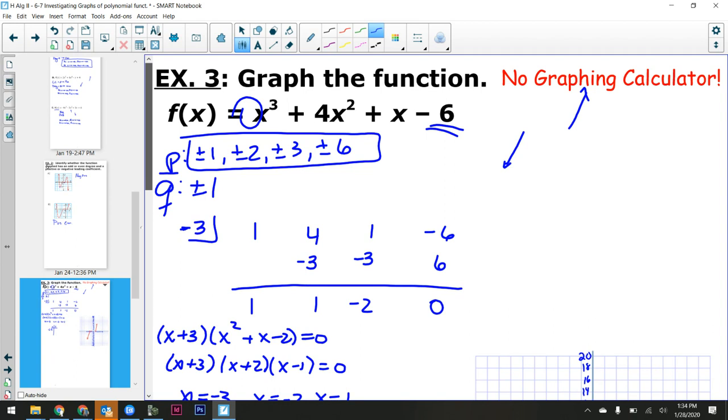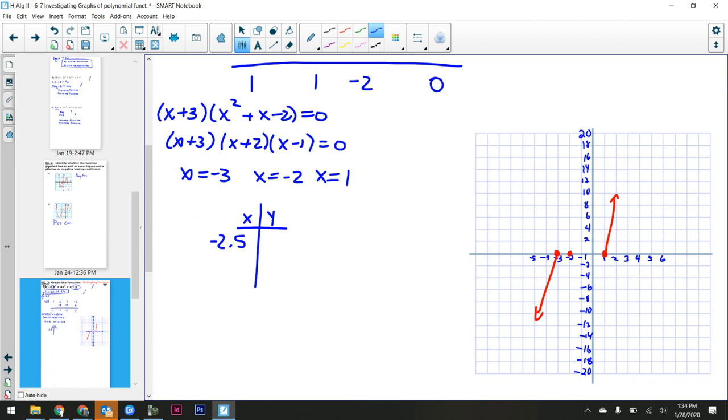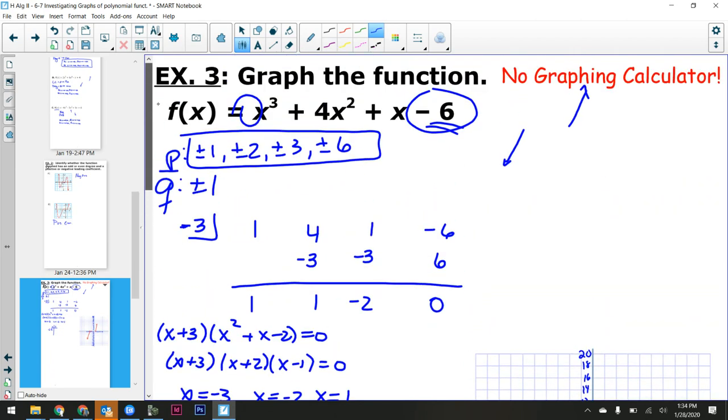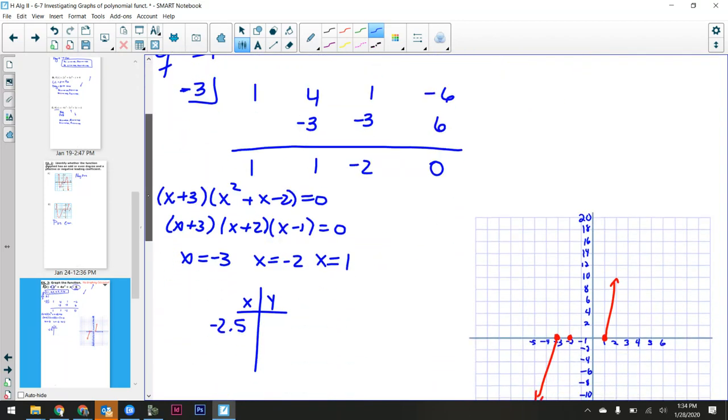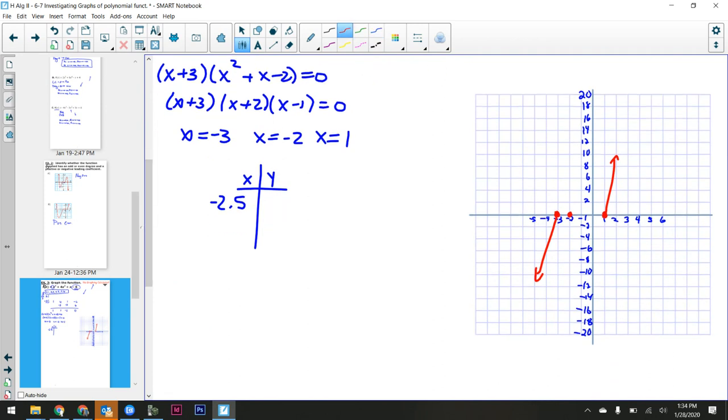Guys, the y-intercept, just like when we were working with linear functions and quadratics, is just the number sitting out there on the end. Same thing with polynomials. It's the constant sitting out there on the end. So the y-intercept is negative 6. So use that point.